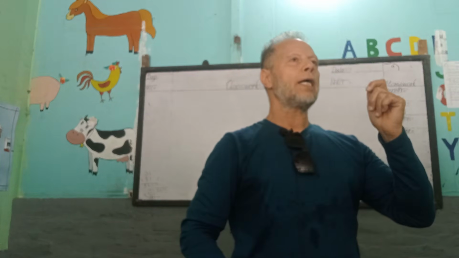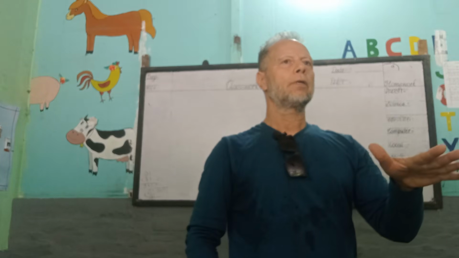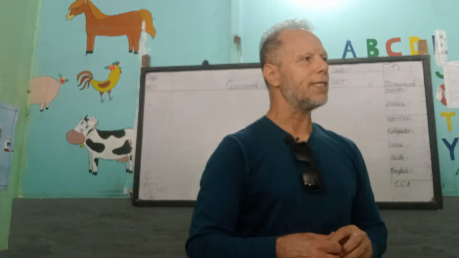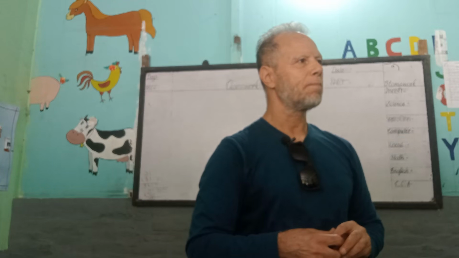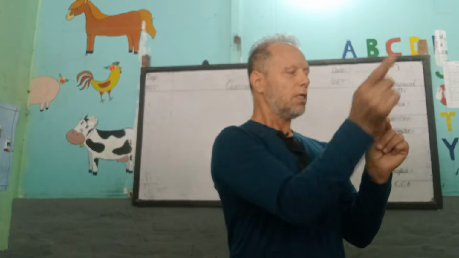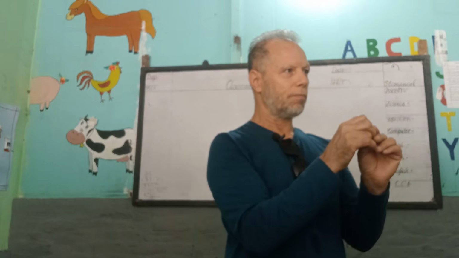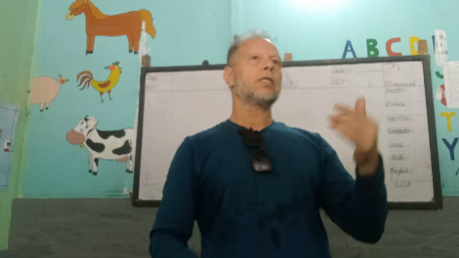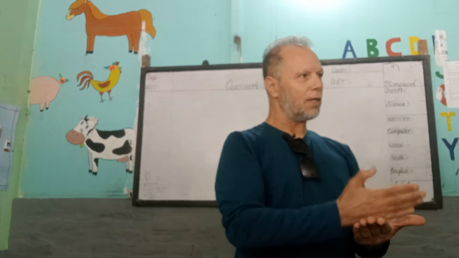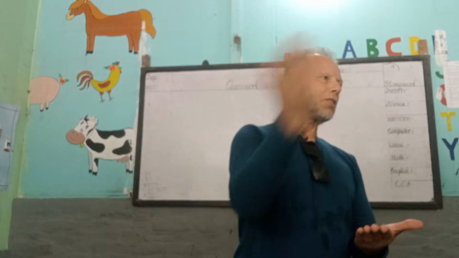What was the first school you taught 20 years ago? What was the name of the school you taught 20 years ago? Sri Chandeswar Madhyamik Secondary School. You can say I taught in Chandeswar Secondary School 20 years ago.